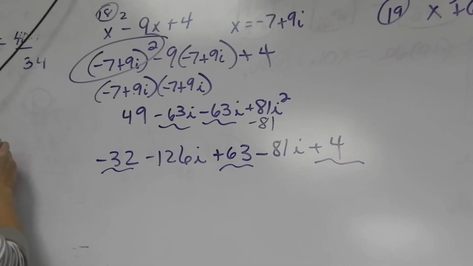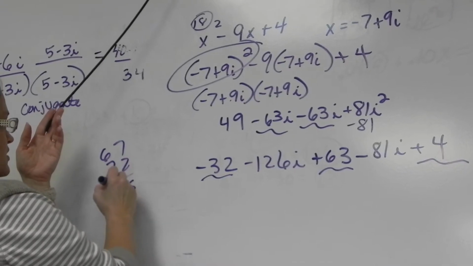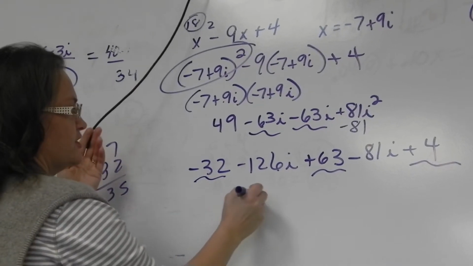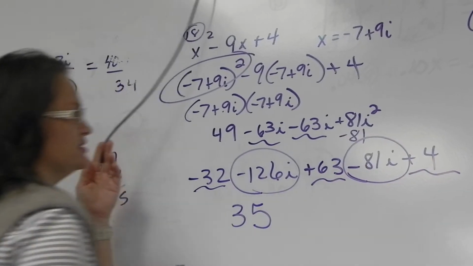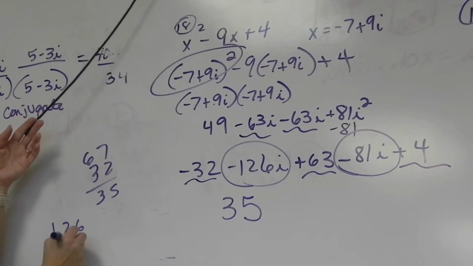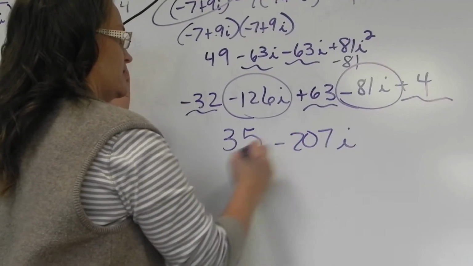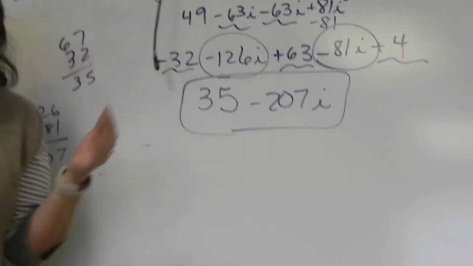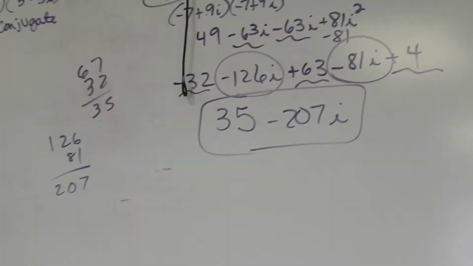Combine all those like terms. It looks like you would have positive 35, negative 126i, and negative 81i is, I think, negative 207i. And in standard form, you always put the imaginaries behind the real part. Okay, any questions on that?